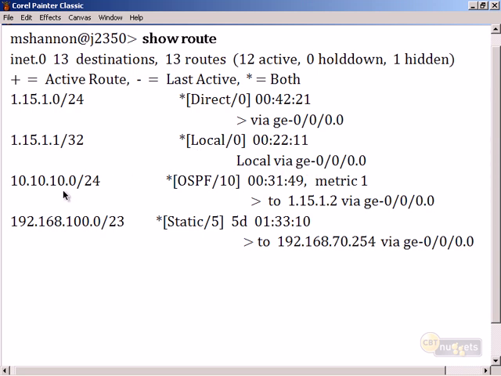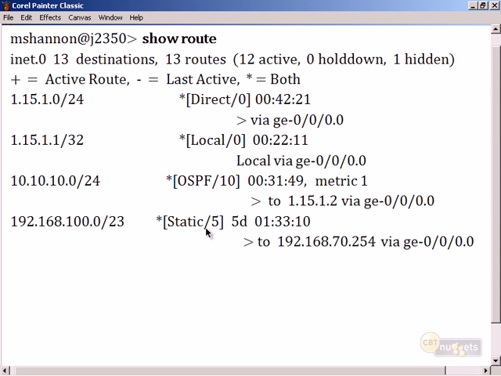Notice it's local here, local via gig E000. We've got prefix 10.10.10.0/24. That was learned via the OSPF protocol from another router on gigabit 000, and then finally the prefix 192.168.100.0/23. This was added. This is a static entry.